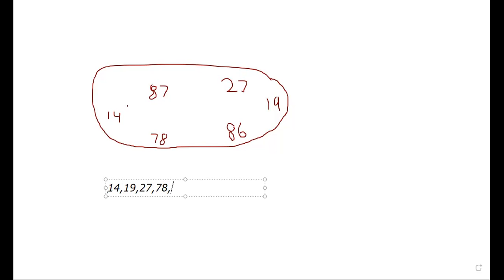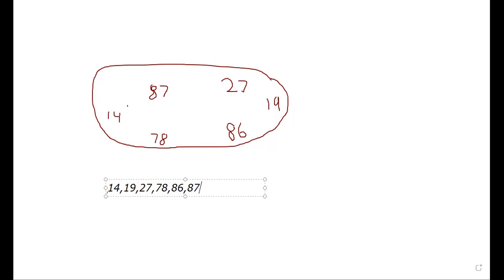And after 78, we can see 86. And in the end, we can see that 87 is the largest one. And we stop at the largest one. This is the ascending order, that we start from the smallest and end on the largest one.